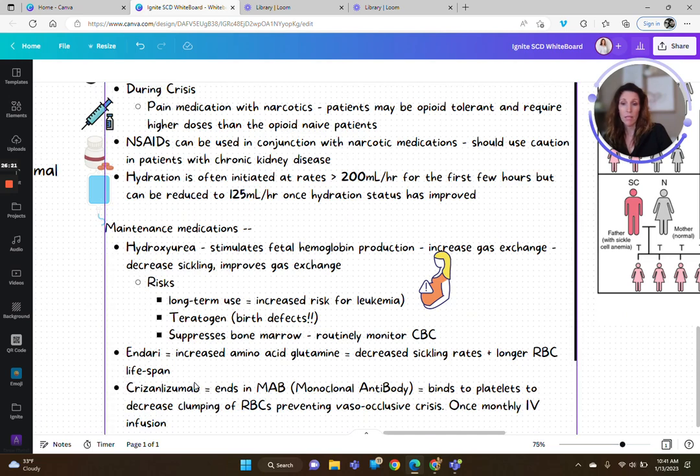Specifically some of the medications, I talked about some of this a little bit, but pain medications, I'm going back to a crisis here, okay? Pain medications. Some of these patients may have chronic underlying pain.